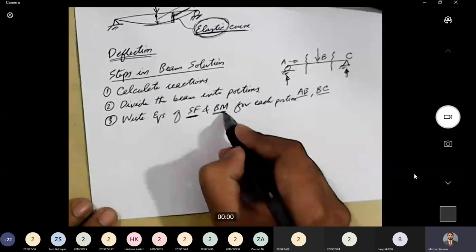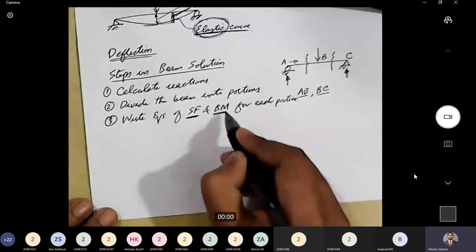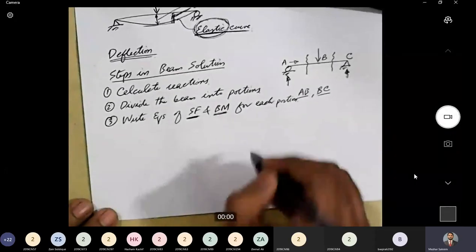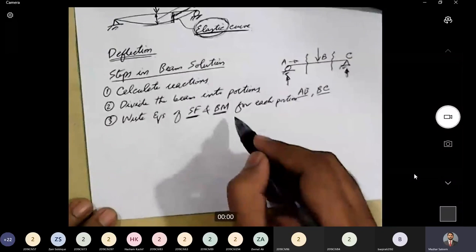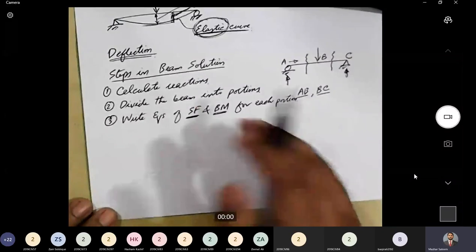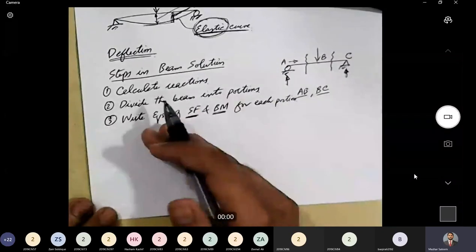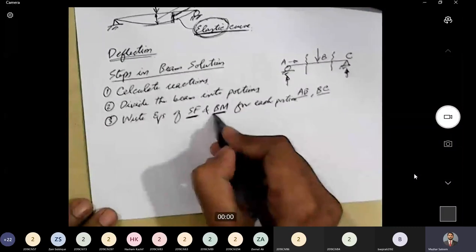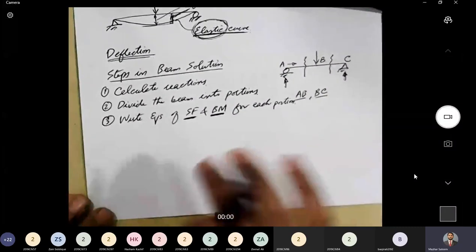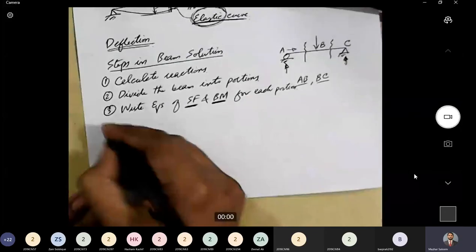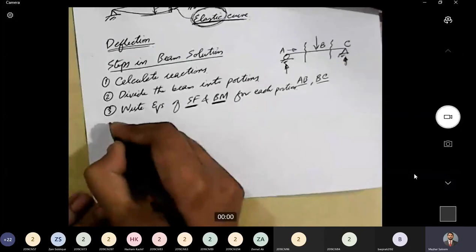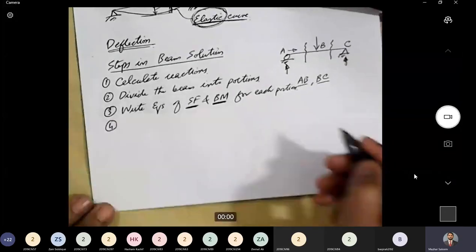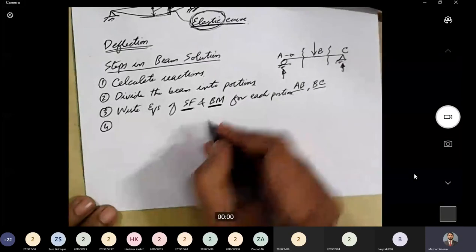Similarly, bending moment at a particular section is the algebraic sum of all the bending moments either on the right side or on the left side of the section. So that's how we will be writing down the equations. When we solve numerical problems, we will see that in detail. So this was our third step.